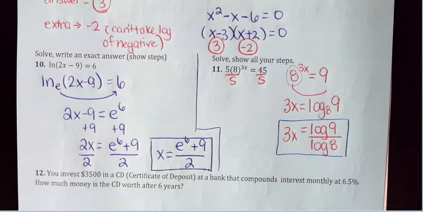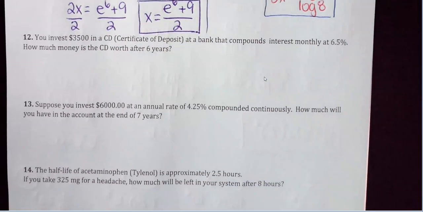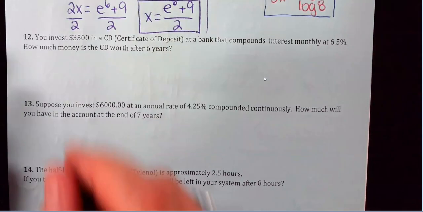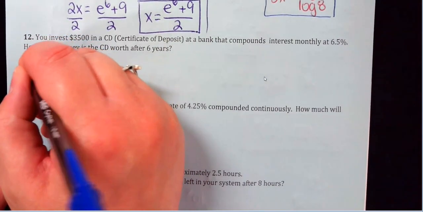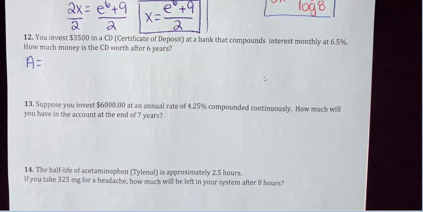All right. Now, these next two are super similar, but two different equations that we got when we were talking about compounded interest. All right, so I'm going to give you the formula here real quick. This says you invest $3,500 in a CD at a bank that compounds interest monthly.